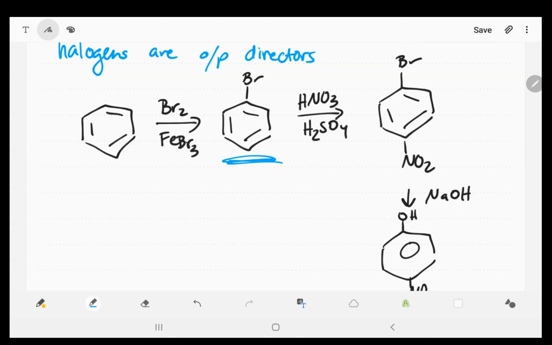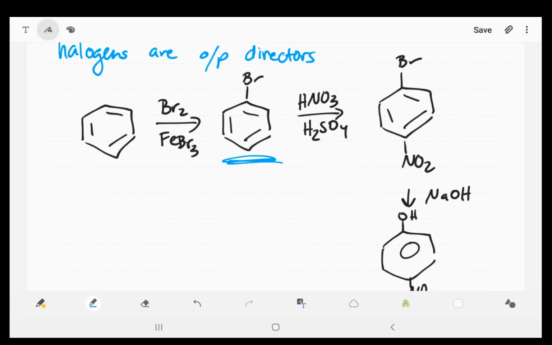And if we want to do a nucleophilic substitution, we need a para or ortho nitro or some other electron withdrawing group. So we can use the halogen to put on that group and then kick it off. And it's already in the position it needs to be in. So it's a useful synthetic technique.